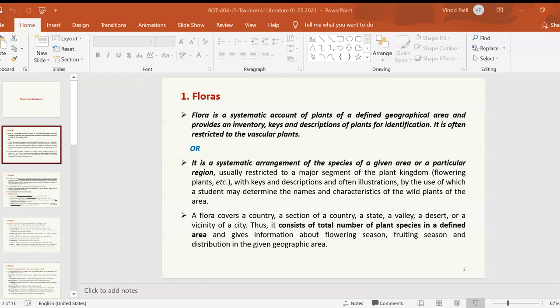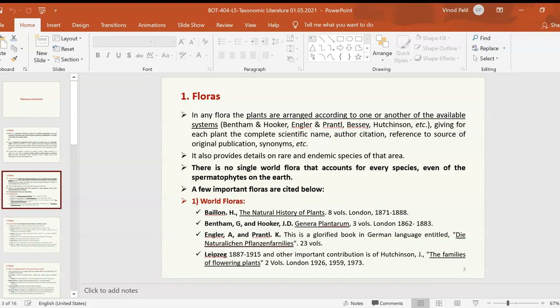Likewise, that can be restricted to a particular region too. So thus it consists of the total number of plant species in a defined area and gives information about flowering season, fruiting season, distribution in the given geographical area, and every other possible detail which can be given in the floras.